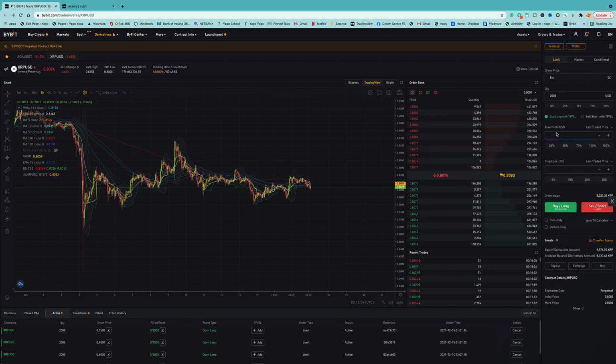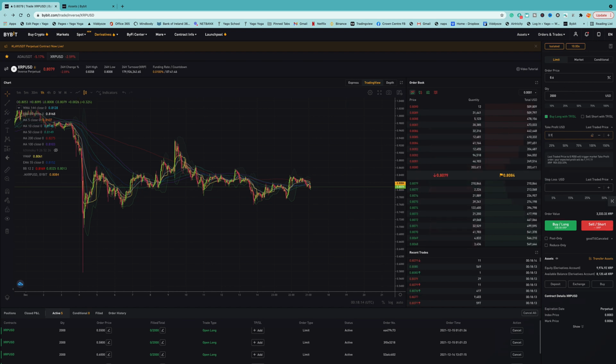Now it's asking me my take profit. Let's say my target is, just keeping it simple, 90 cent. So there's 90 cent, and then it will tell me what my expected profit will be. On my 2000, because I'm 10xing, this is 200 XRP 10xed.